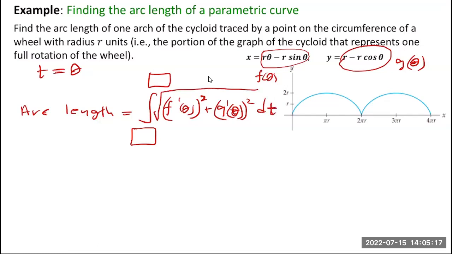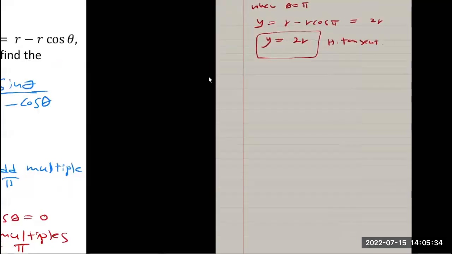Can I find f prime of theta? You just differentiate this one, right? So that is going to be, oh, by the way, what is the lower limit and what is the upper limit? Notice that in one full cycle, theta varies from 0 all the way to 2 pi. Remember this angle theta?